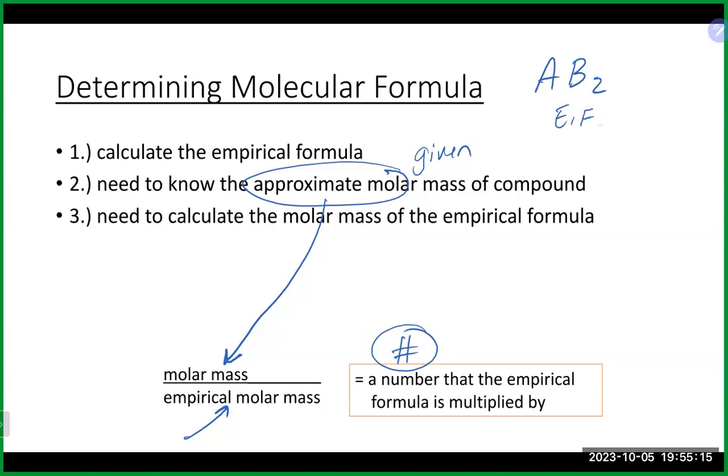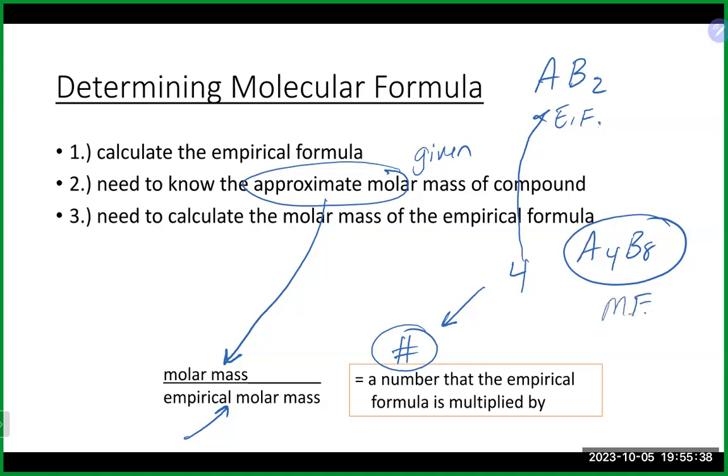And let's just say that we did our calculation here and we ended up with a 4. Our molecular formula in this case would be A4B8. So we would take this 4 and multiply both things by it, to get our molecular formula, which would be this guy in this case.